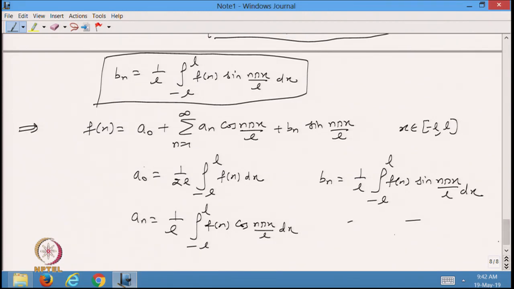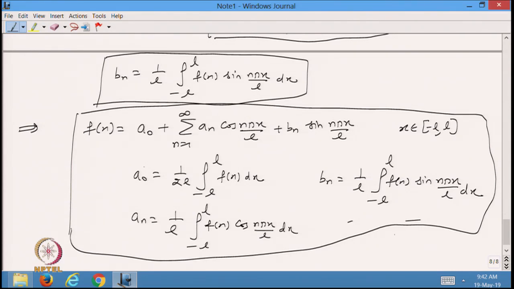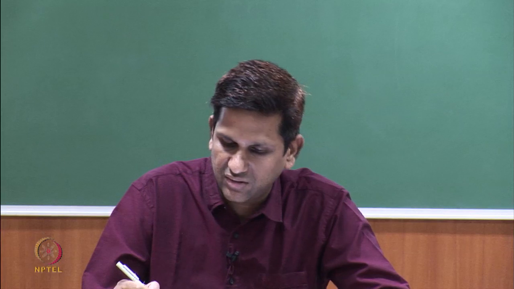So, based on this, I am now able to write the Fourier series as a whole, and we are able to find its coefficients. It depends on which function you are taking, we will do this integration, and then we should be able to get the Fourier series.